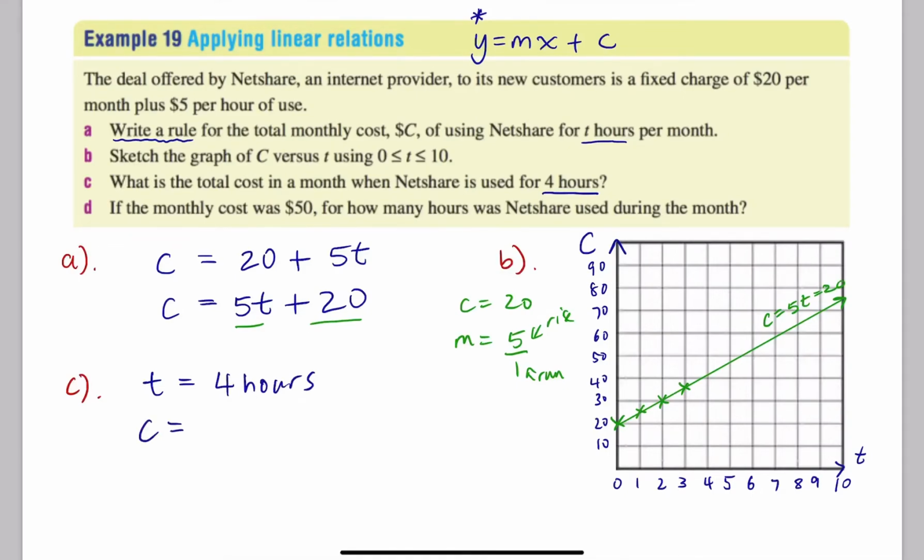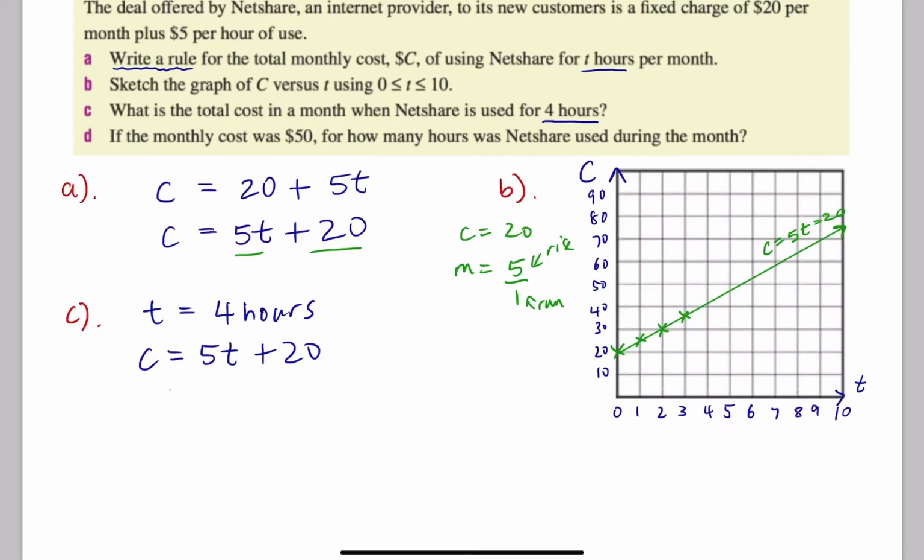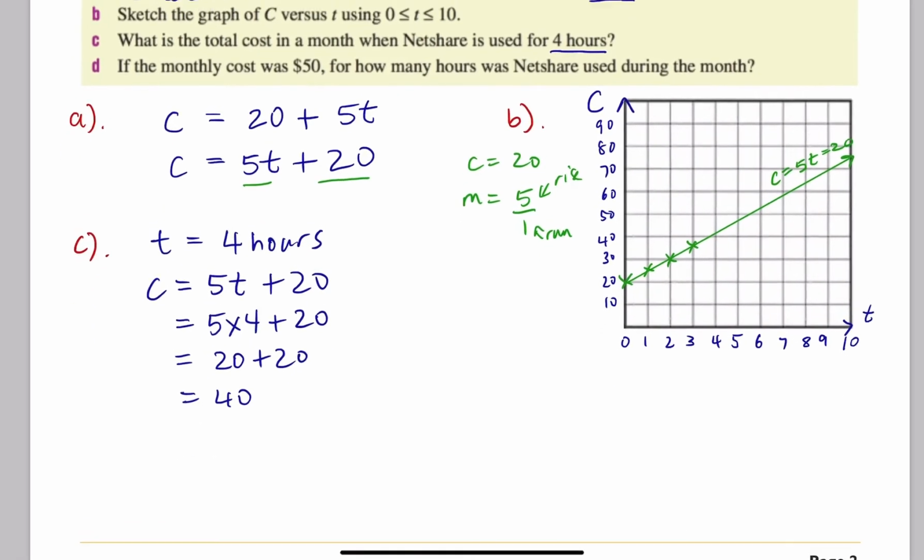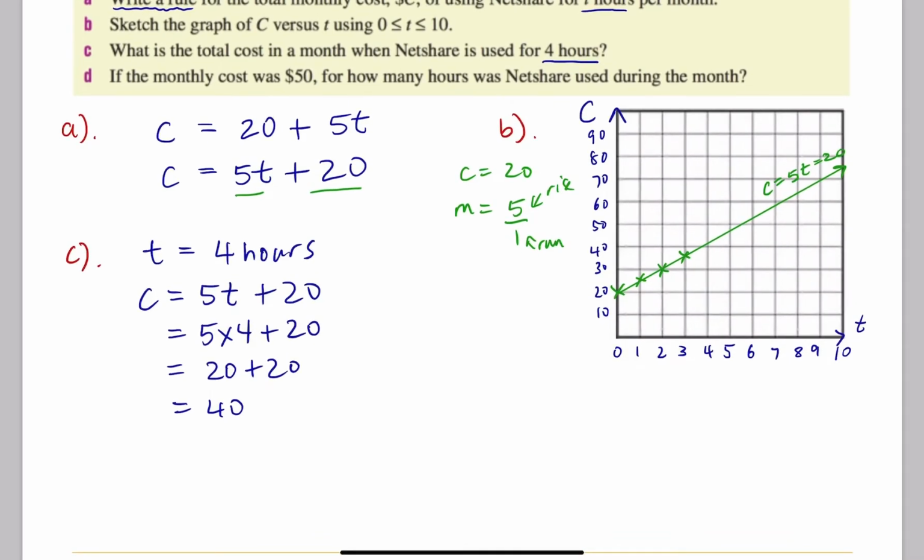If I use my rule, that's my main rule, 5t plus 20. 5 times 4, because that's my hours, and that's t, plus 20. Times goes first. 20 plus 20 is equal to 40. So $40.